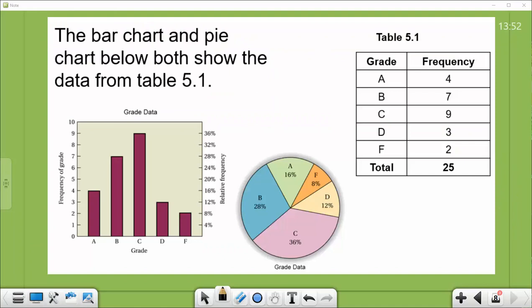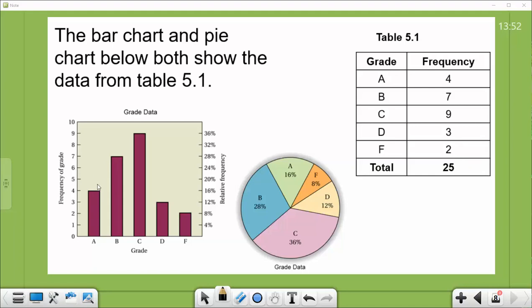Okay, so the bar chart and pie chart below both show the data from 5.1, just to show you the difference between the pie chart and a bar chart. Or again, you can say pie graph and bar graph. Here's the frequency table for grades: 4 A's, 7 B's, 9 C's, 3 D's, 2 F's, so that's 25.